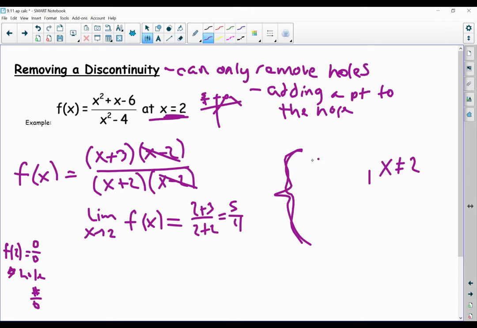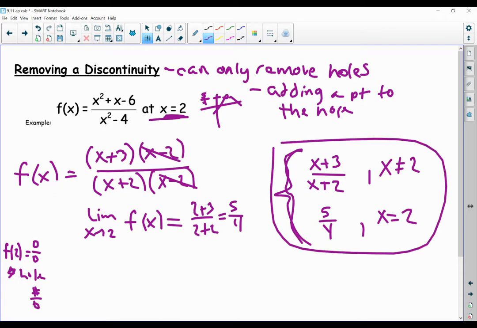So I ended up with x plus 3 over x plus 2, where x can't equal 2. And then I'm going to add a point in my piecewise function. So my point is going to be at x equals 2, with a value of 5/4. And that is removing the discontinuity. All you're doing is making your function a piecewise function where you're adding a point. And that's the only thing you're allowed to do to remove it.